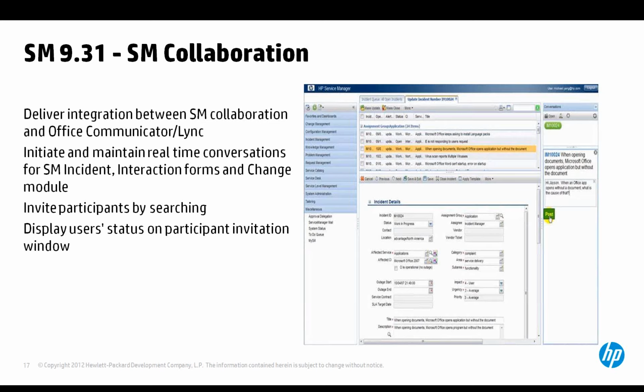We also have the gateway, the ability to connect with someone outside of Service Manager through the gateway to Now Link, which is the successor of Office Communicator, so we support both versions. So that's what we brought in this version of Service Manager 931 in terms of extended collaboration. Next slide.